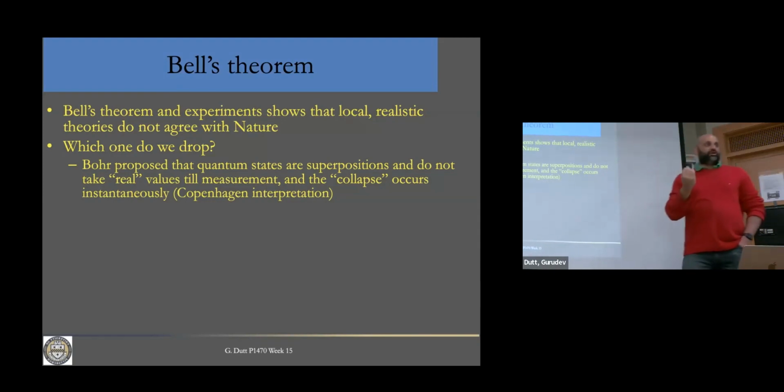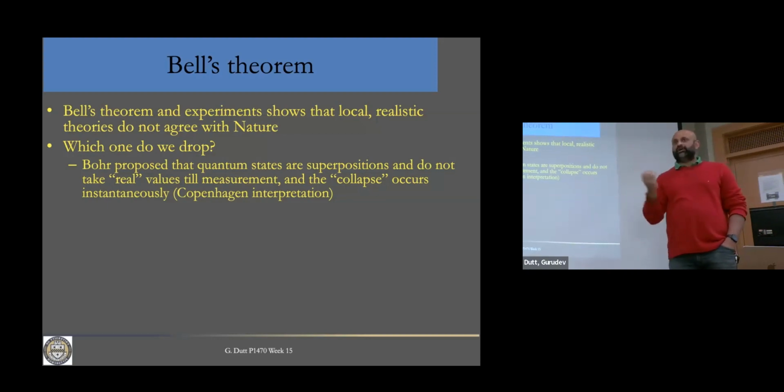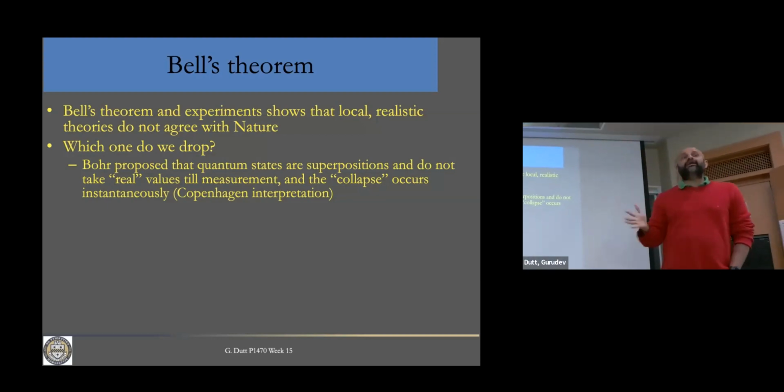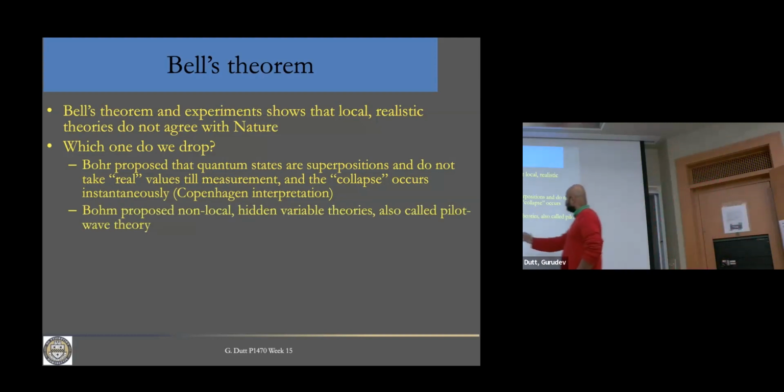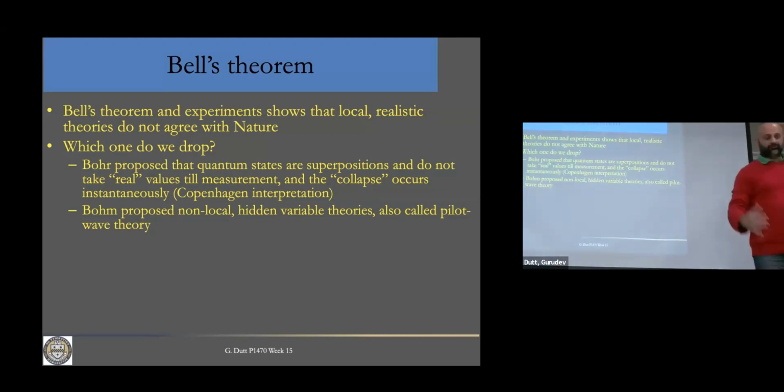That there is a collapse of the qubit when it's measured, and it gives you one of the output states that is in line with one of the states in the superposition. But until then, we can't talk about what the state of the particle is. Bohm proposed a theory where the realism part remains, but the hidden variables can communicate non-locally. Okay, so they somehow can communicate faster than the speed of light.